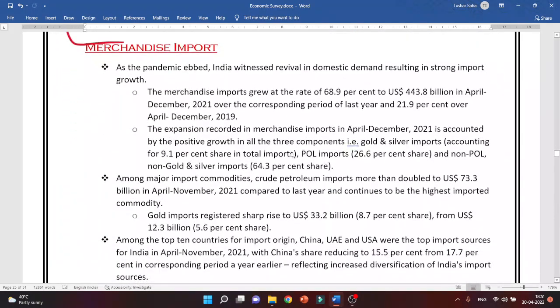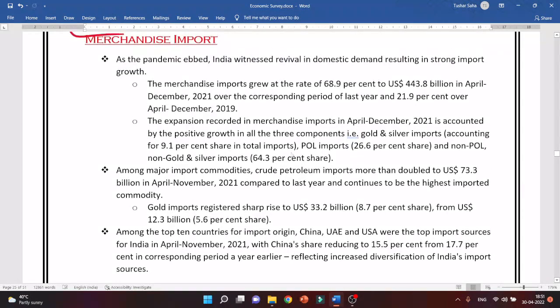So merchandise import. Let's see the import as well. Gold import registered a sharp rise to USD 33.2 billion. Why did gold rise? It's because of the safe investment. Now, major commodities that were imported: crude oil imports more than doubled.